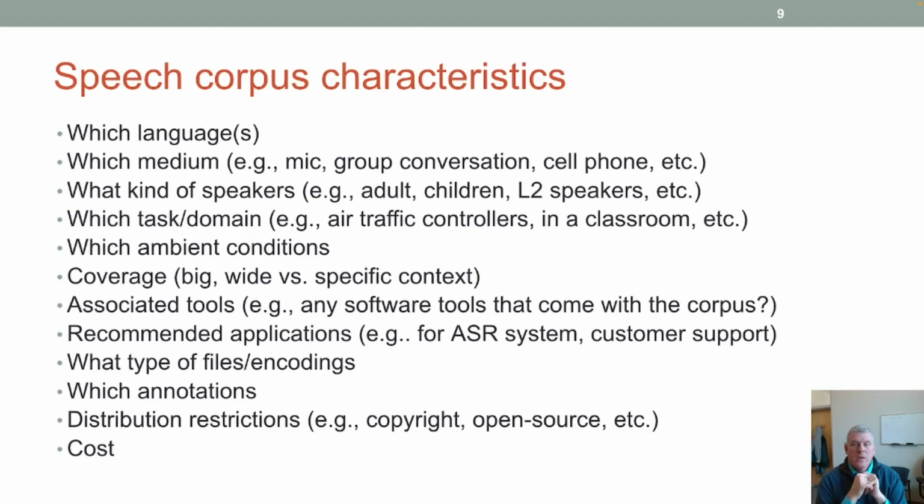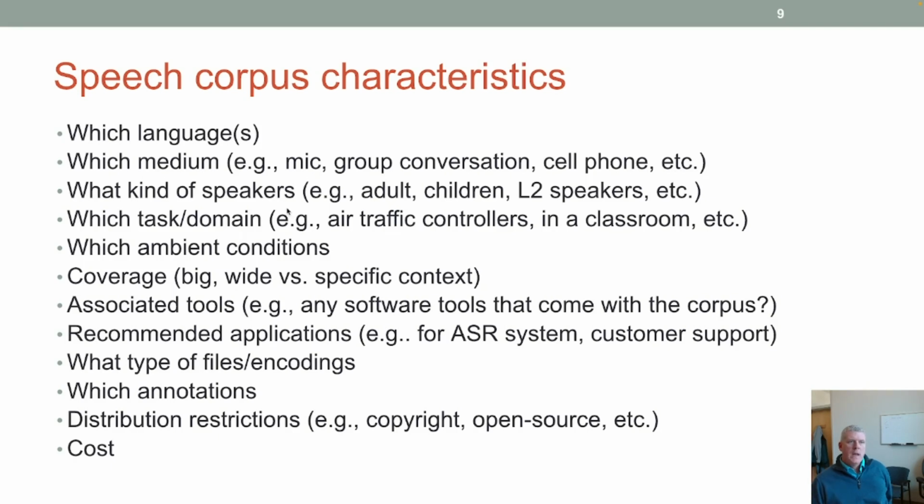Was it cell phone or telephone speech, which has lower quality audio? And what are the kinds of speakers in the corpus? Are they adult L1 speakers? Are they adult L2 speakers? Are they children? Are they perhaps people with speech difficulties like aphasia or dementia? Or even deaf speech, the acoustic speech of deaf people.